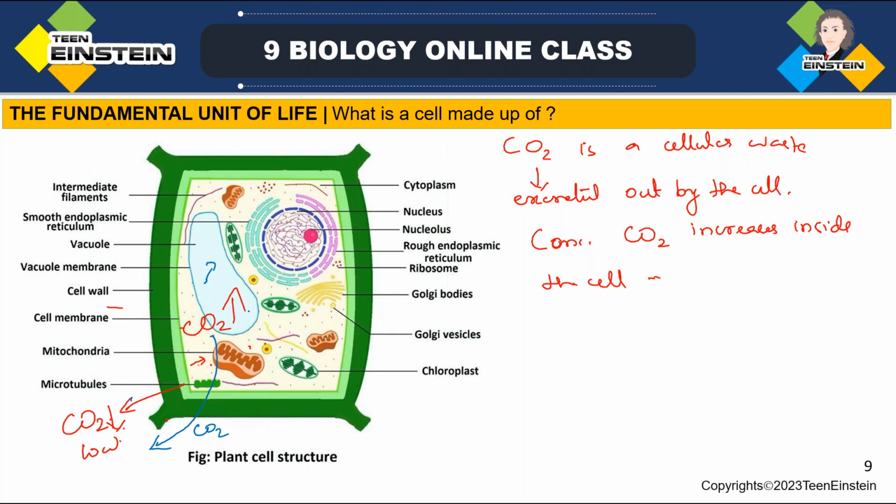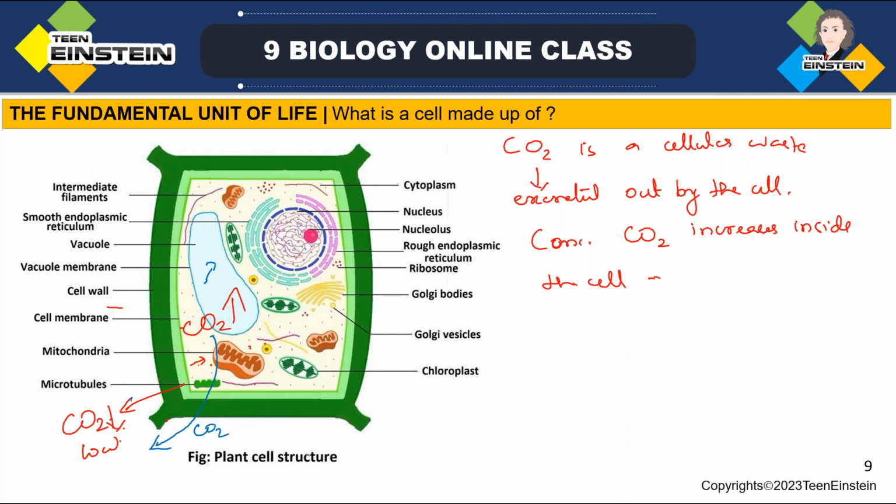So from the higher concentrated region, inside the cell, carbon dioxide comes out to where the lower concentration is seen, outside the cell. That process is called diffusion.